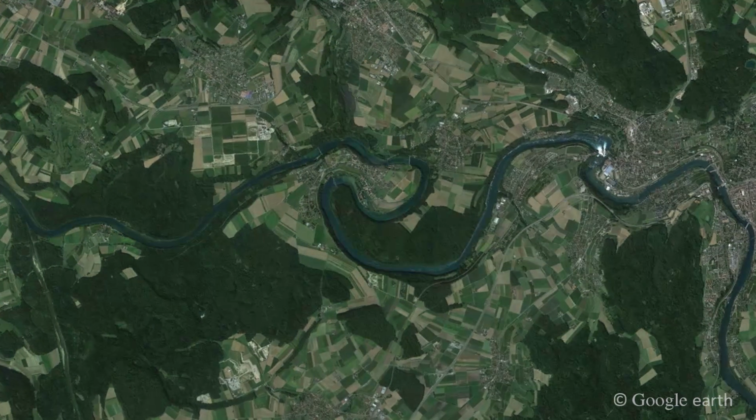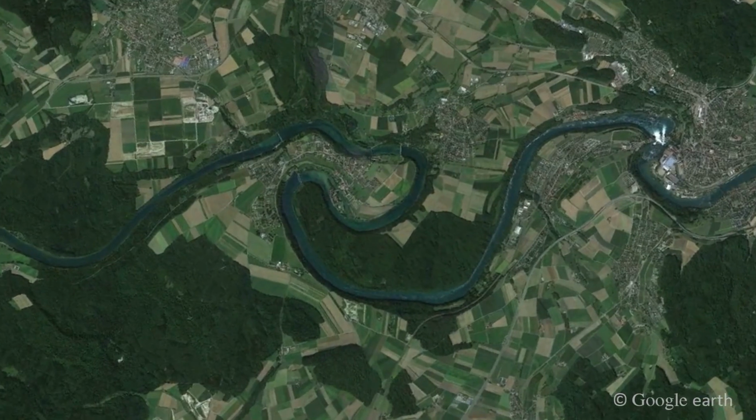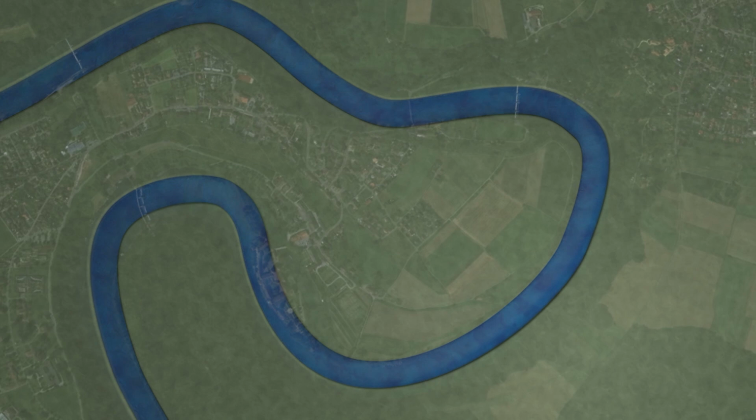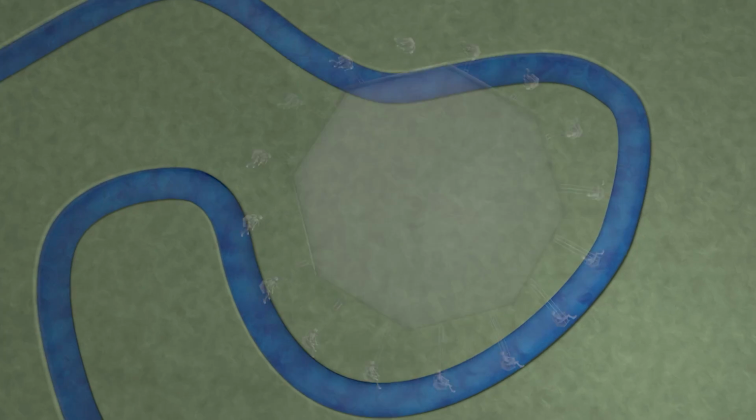Let's have a closer look at an individual bend. Water is turning in a bend, changing the direction of the flow velocity. If the direction of the flow velocity of an object changes, Newton's second law tells us that there must be a force that makes it turn.